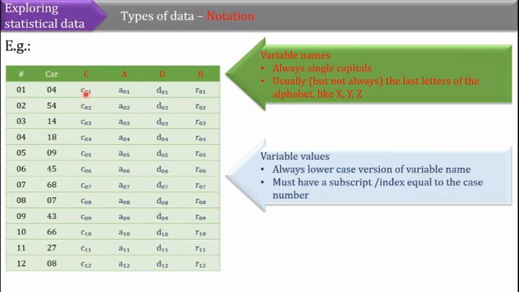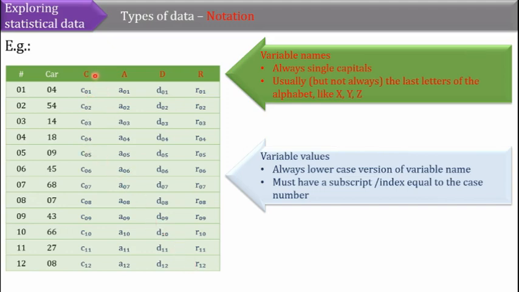It's a lowercase c, and the subscript will be 01 because it is the first one in my list. The same with age. It's the first vehicle in the list, so the subscript or the index will be 01, and because it's a specific age that I'm referring to, it will be lowercase a. The same with distance, lowercase, because it's a specific distance for a specific car, 01, and the same for risk. So I'll do that for each one, and this is what we have.